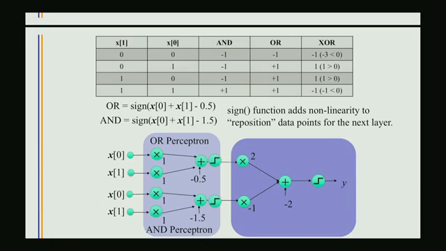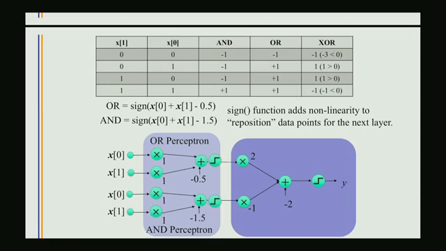I need to add another layer in order for us to completely describe the XOR function. Okay? So I've got to build enough complexity in my system through this layering in order to capture the nonlinearity of the problem that I'm trying to model.